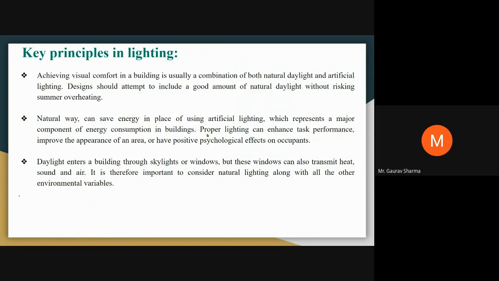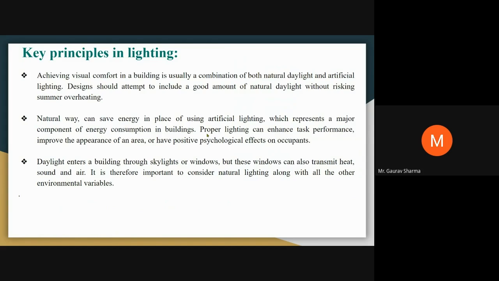So design should attempt to include a good amount of natural daylight without risking overheating. That means it should not be compromised with the conditions of the weather. Suppose you are working in a hot, dry climate, and for lighting purposes, you have provided big windows. It should not be like that. Otherwise, the radiation of the sun will enter inside the building, and it will increase the temperature.